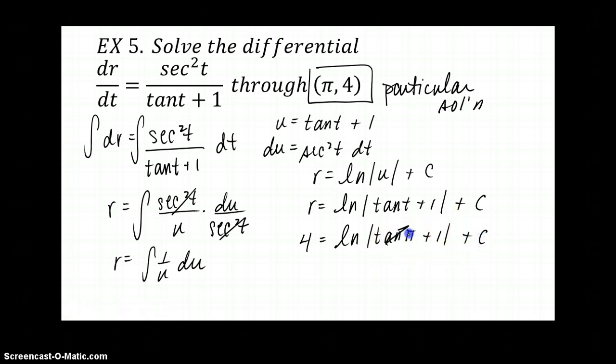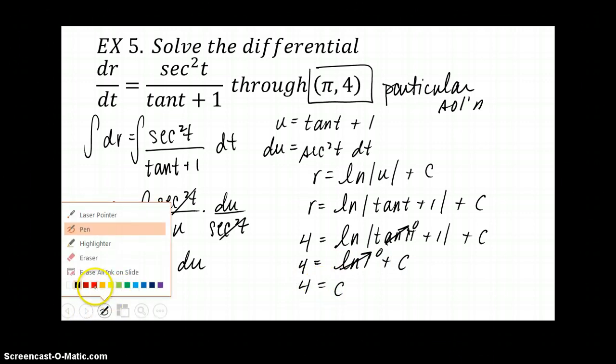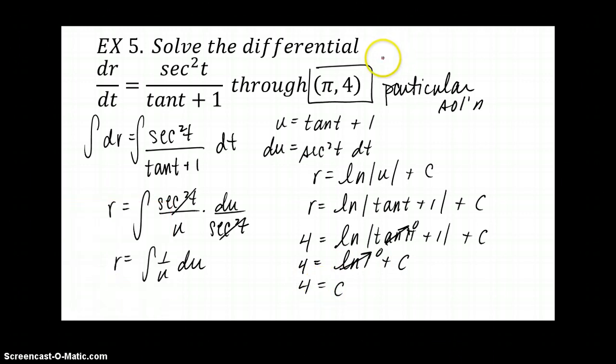So tan of pi is 0. 4 equals ln of 1 plus c. ln of 1 is 0. So 4 is equal to c. So our final answer for this, r equals ln absolute value tan t plus 1 plus 4.